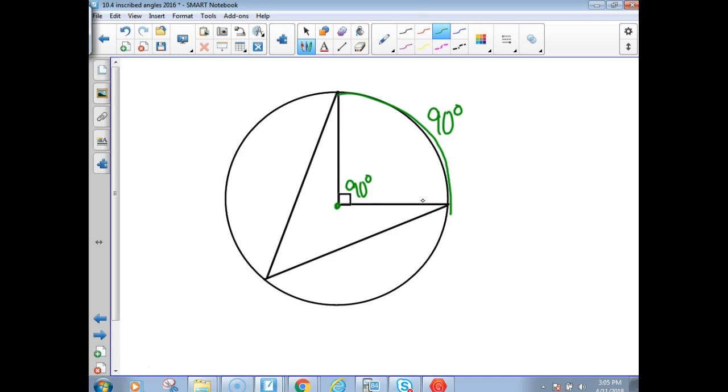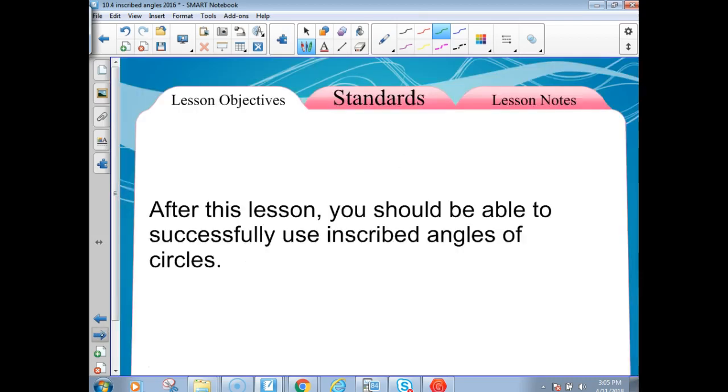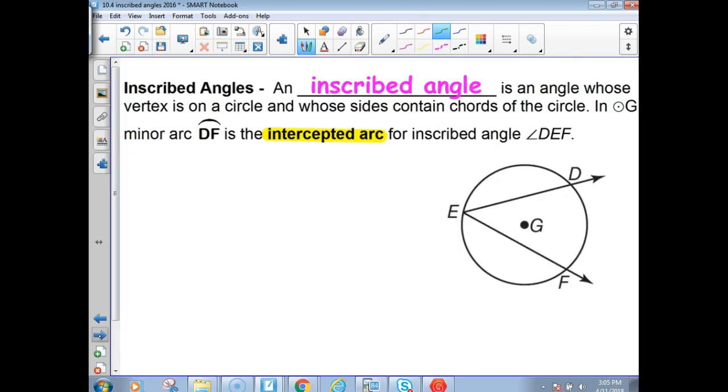See how this is a lot bigger, and then this is a lot pointier? It would have to be half of 90, so it would be 45 degrees. Okay, now I realize you don't have that in your ISN. I just wanted you to remember the measure of the arc is equal to its central angle, and the inscribed angle is half of the intercepted arc. That's what this stuff says.